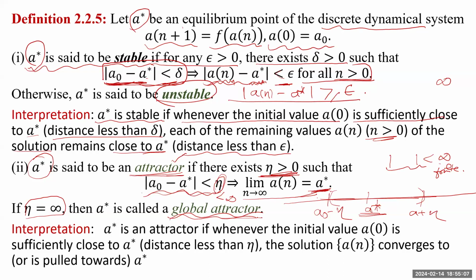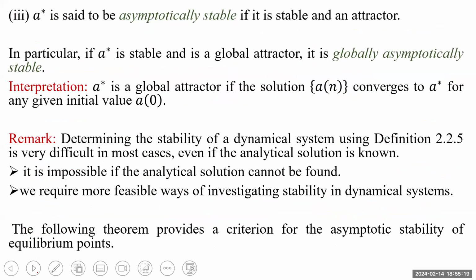Right? Any question on the concept of stable, unstable, attractor, global attractor? So there is one more definition. So before you move on, could you go over the attractor, please, thanks.